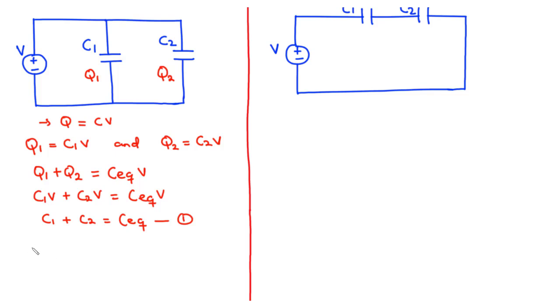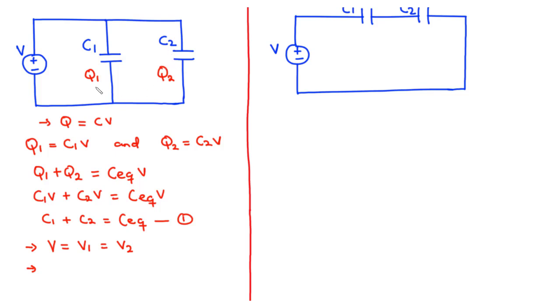In addition, since we have the same source voltage across each of the two capacitors, the source voltage V is equal to the voltage applied across C1 and the voltage applied across C2. Again, the charge on each capacitor may be different. That is, the charge on C1, which is Q1, may not necessarily be equal to the charge on C2, which is Q2.